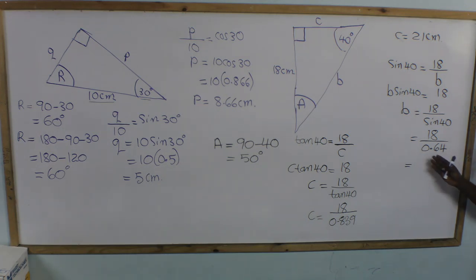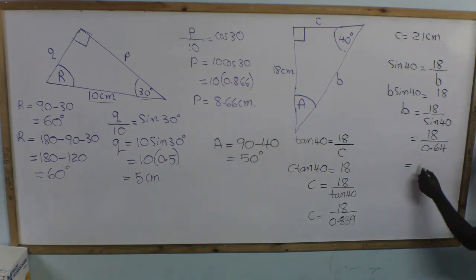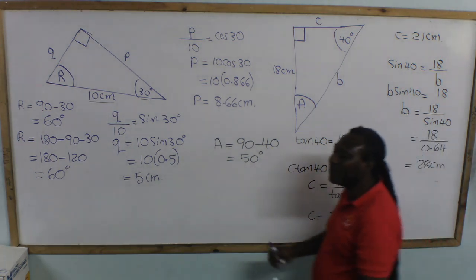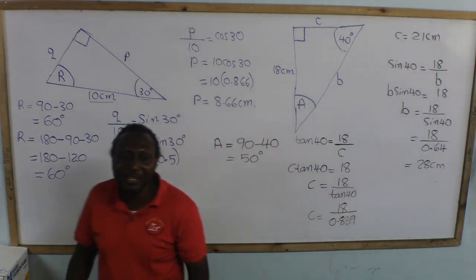So it is supposed to be close to 30, because it's 0.6. But this is larger than 0.6, so your answer should be less than 30. So you can look at that: 29, 28. So this is equal to 28 centimeters.